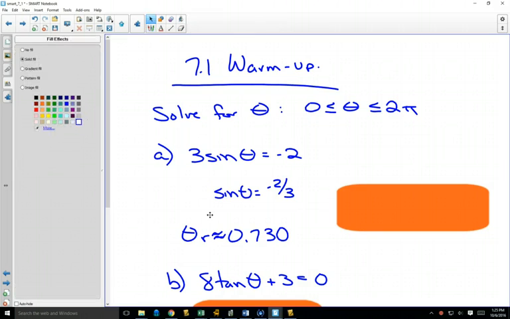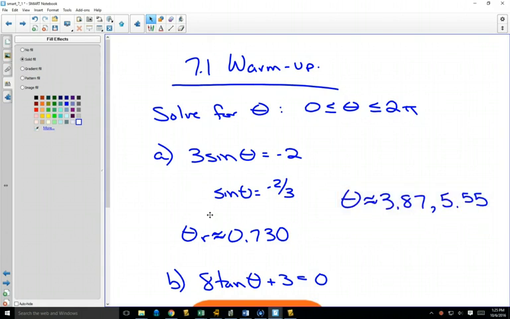That would be correct to 3 significant figures. Then, because sine is negative, that would be in quadrant 3 and quadrant 4. There would be your answers, again, rounded to 3 significant figures. So you would go pi plus your reference angle and 2 pi minus your reference angle.